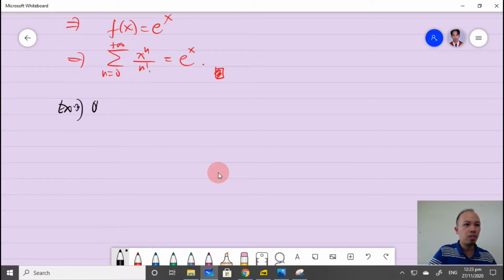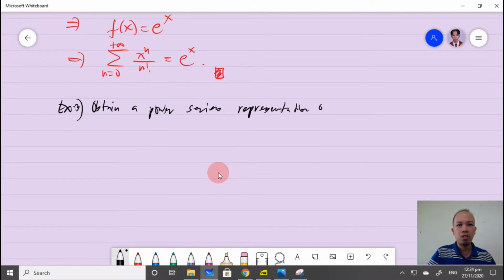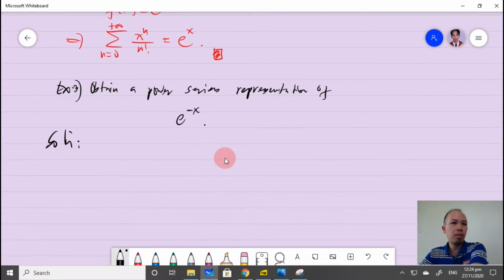Example number 3: obtain a power series representation of, let's say, e to the negative x. Solution. Remember that the power series representation for e to the x is this one.